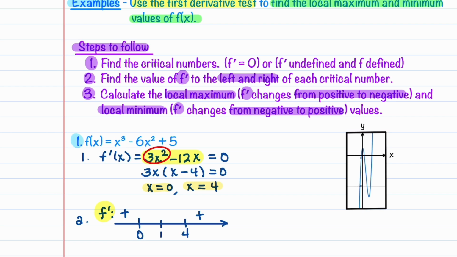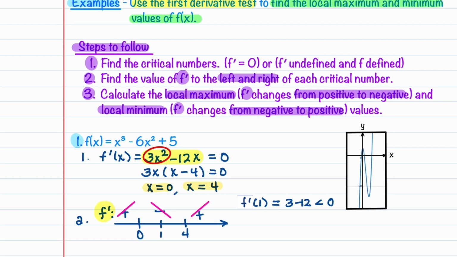I'm going to choose x is equal to 1, and we're going to have to see what f prime is. F prime at 1 is just going to be 3 minus 12, and that is negative. So we're going to put a negative here. And then let's go ahead and draw some lines. When f prime is positive, our function is increasing, then it's decreasing, and then it is increasing.